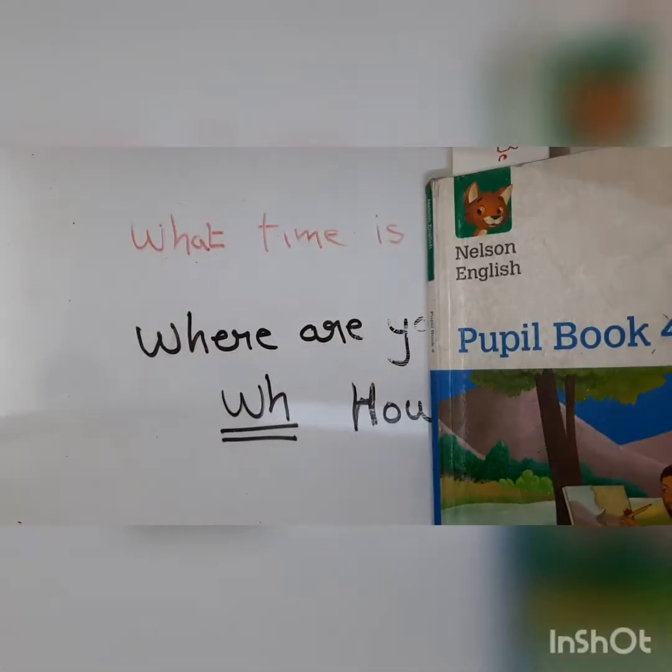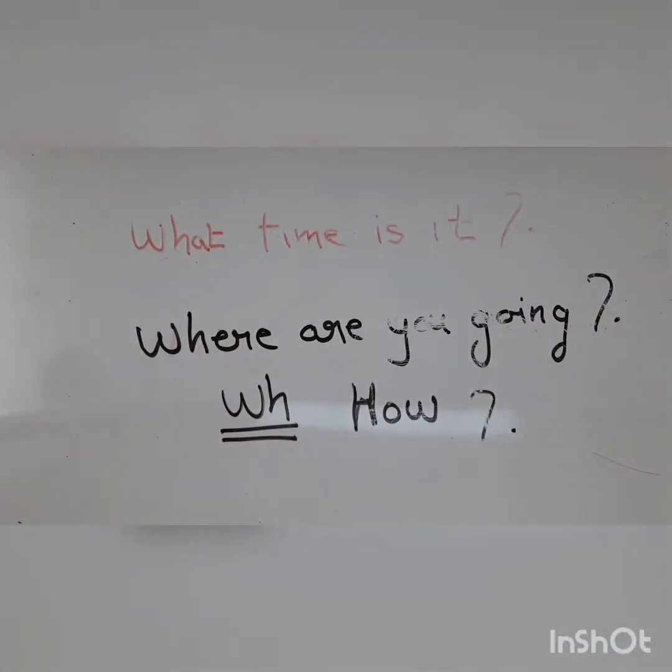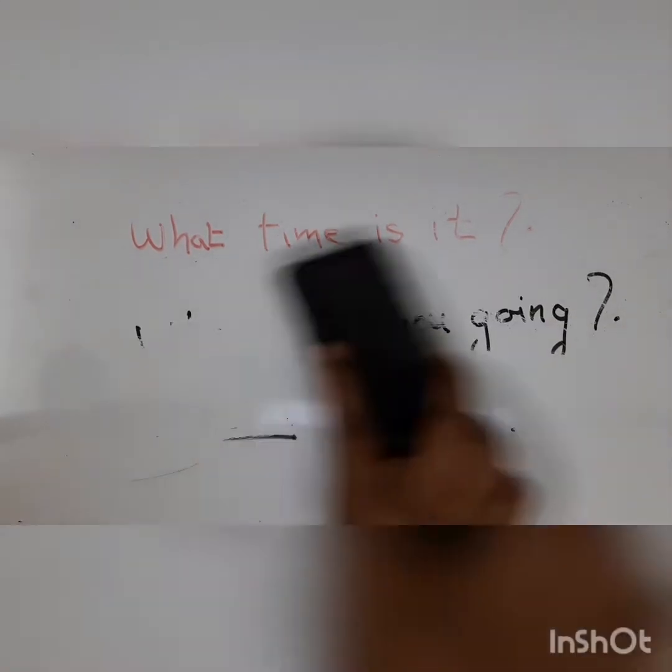So children, always see WH words will have a question mark. Even if you use how, it will have a question mark. But sometimes children, we need to read the text, or if you see the tone of the speaker, the tone of the speaker will tell you that this requires a question mark. Okay, the tone will tell you that this requires a question mark.